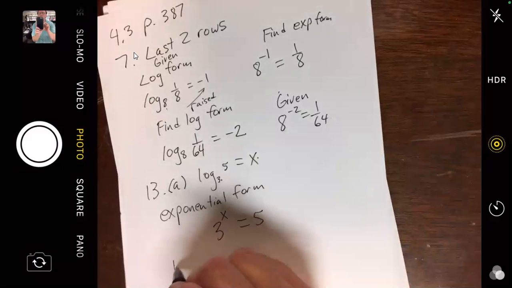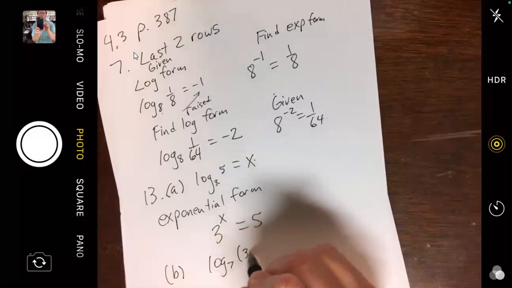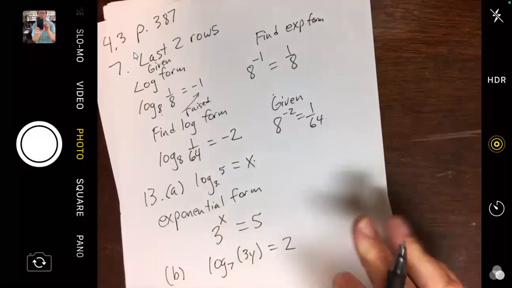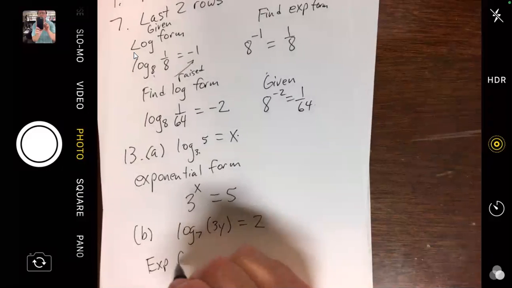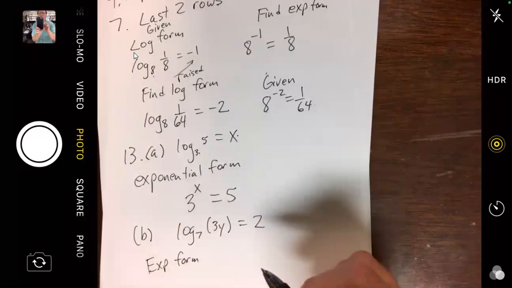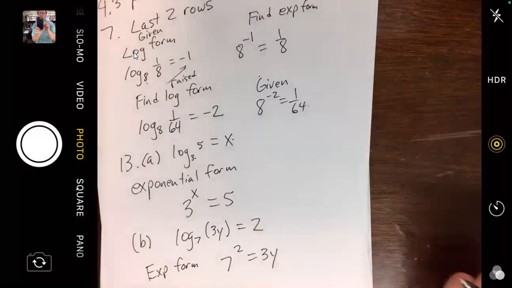Why don't we try b? A log base 7 of 3y equals 2. Exponential form. 7 to the second equals 3y. Okay.